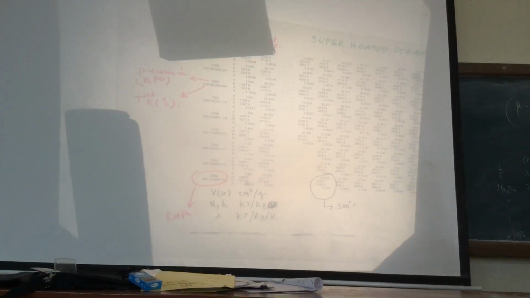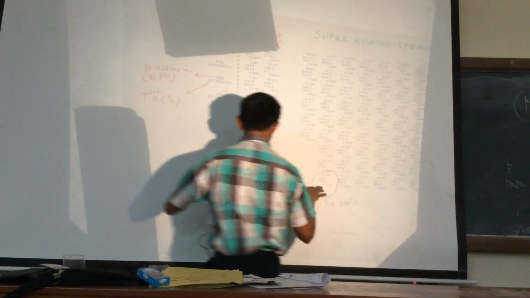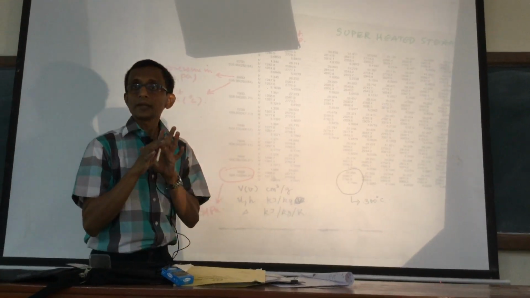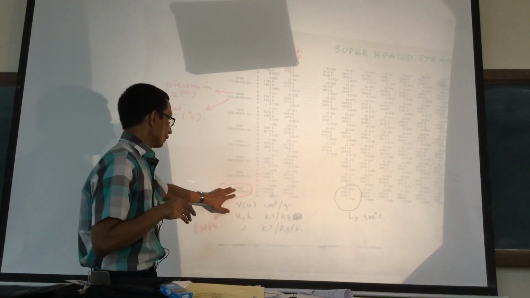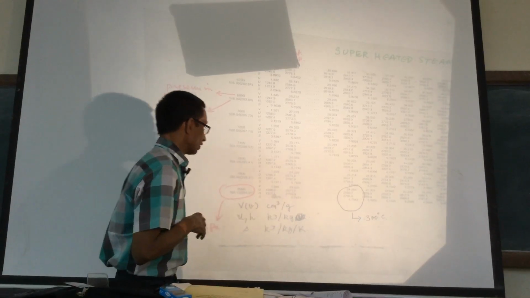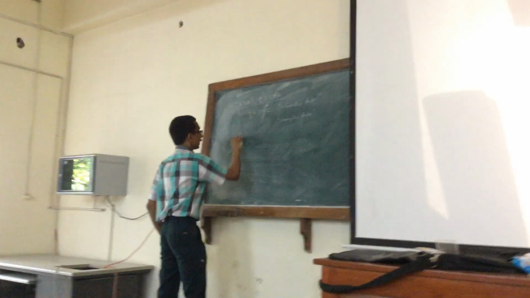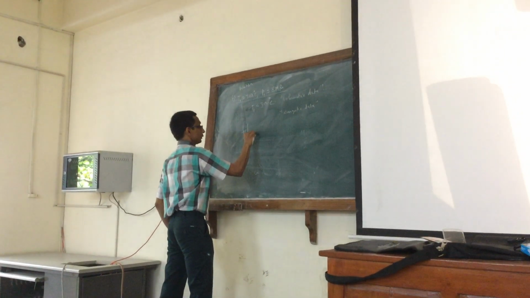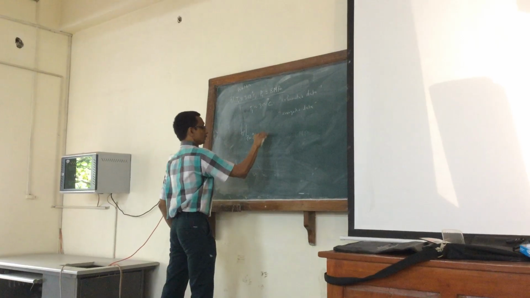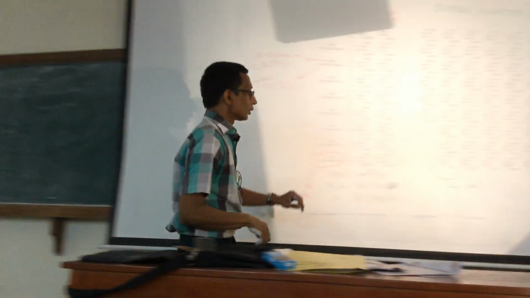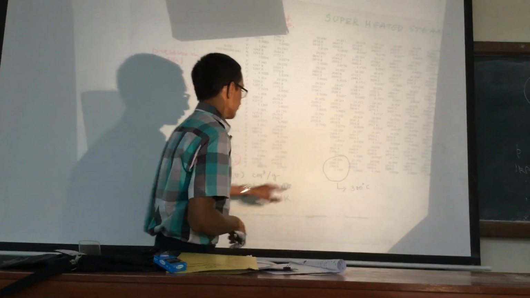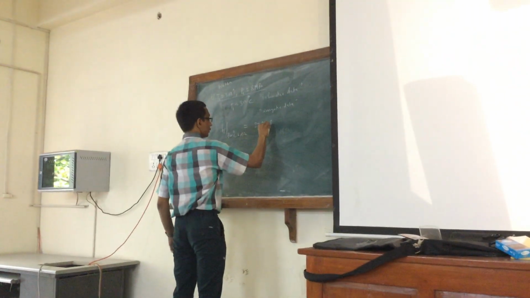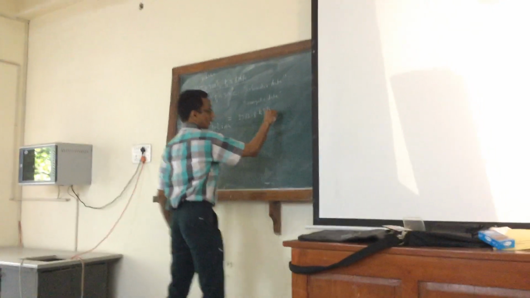So if you look at this, here we can write down the values right here, because this is now all going to be at 300 degrees centigrade and 8 megapascal. That's what I have. So let's write it down. H at 300 degrees centigrade, 8 megapascal is 2786.8 kilojoule per kilogram.